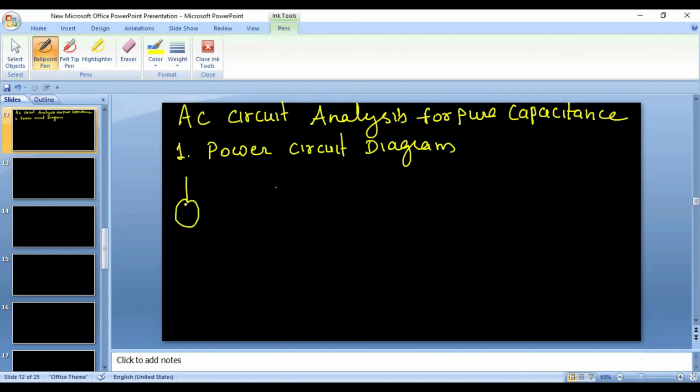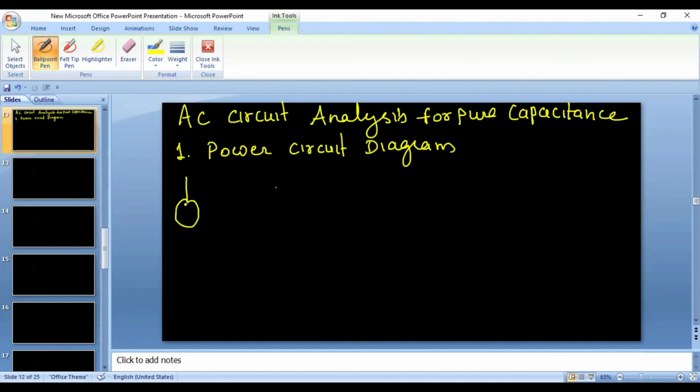C Vm can come out before the differentiation, so I get d by dt of sin omega t. If I solve it, Vm C, sin omega t differentiation is cos omega t. And as we are differentiating sin omega t with respect to t, omega will come out before the cos omega t.